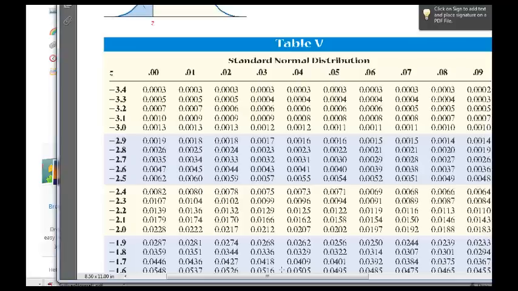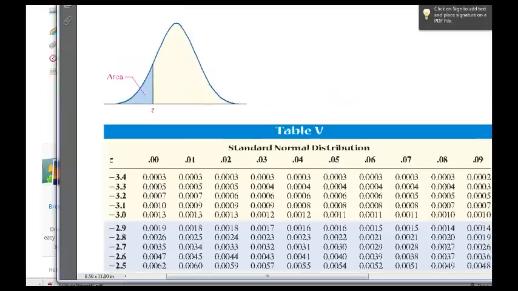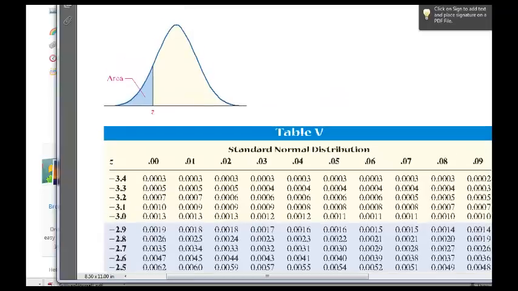Whenever you're looking at anybody's normal distribution table, you really need to pay attention to this picture first, because this picture lets us know what these numbers describe for us. We're going to be looking at z-values for data, and here it tells us that the area described is for the area to the left of this z.